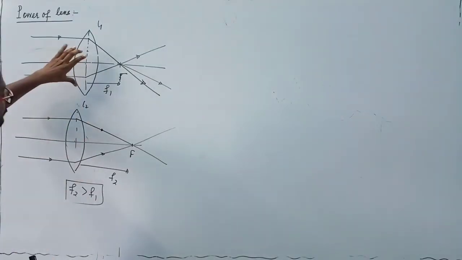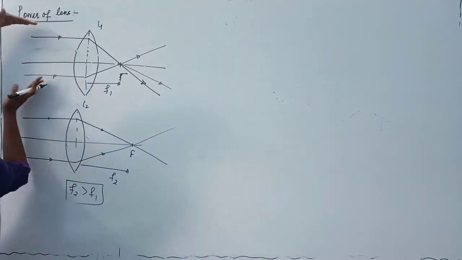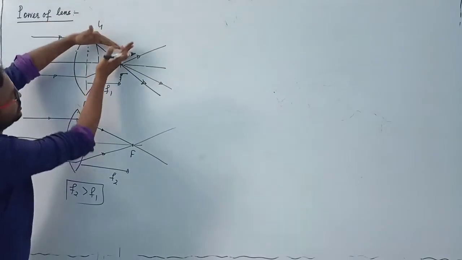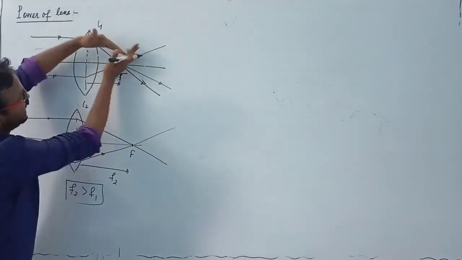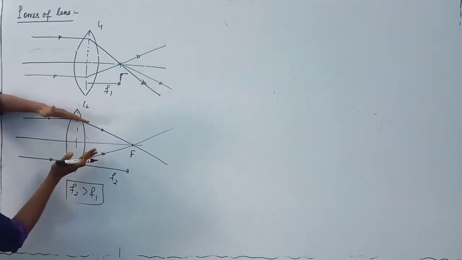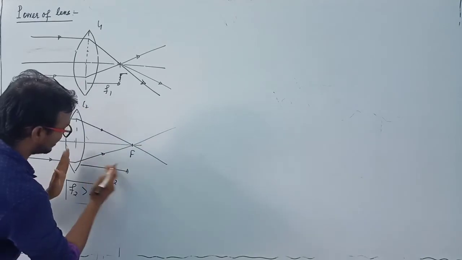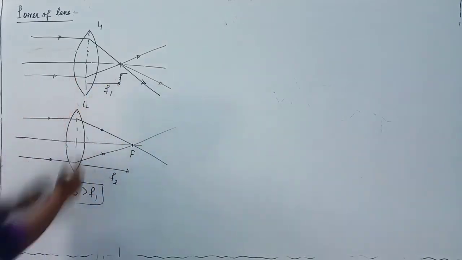This lens has more capability. Why? Because the rays which are coming parallel are bent suddenly towards the principal axis by this lens, but for the other lens the distance is very large compared to this distance.